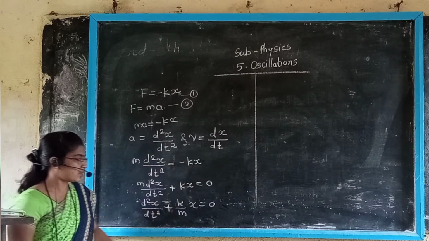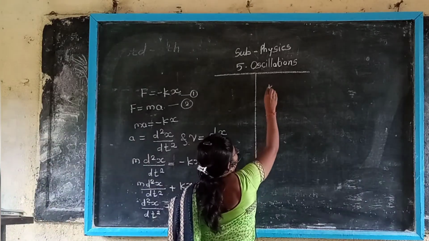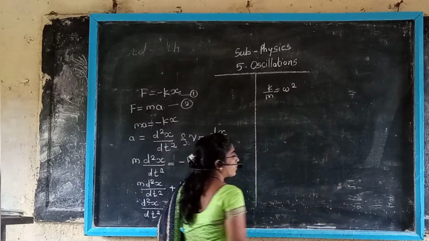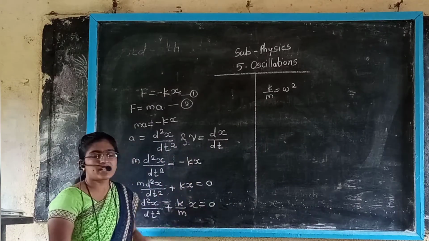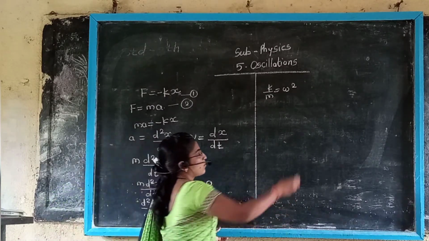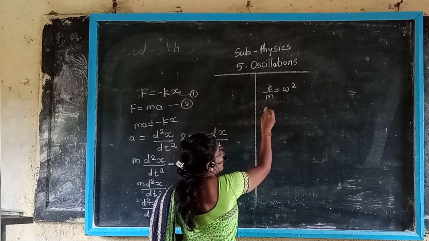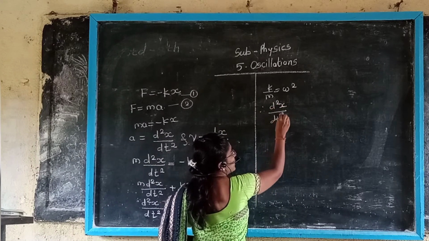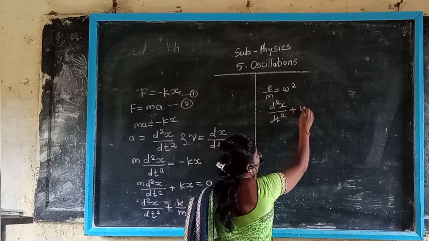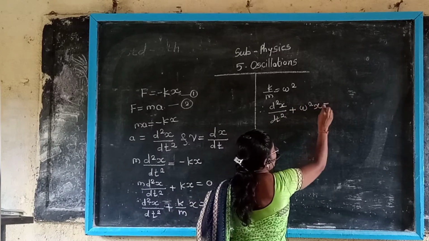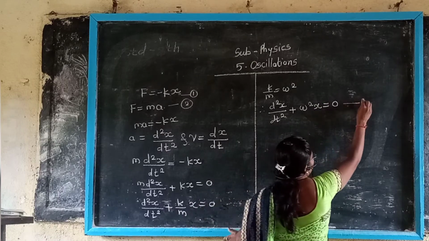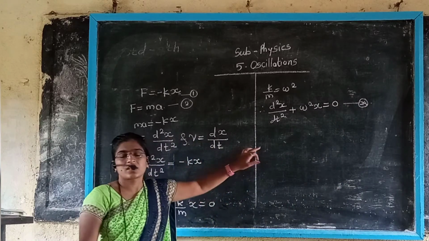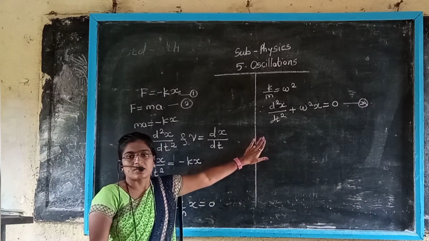In this equation, substitute k by m is equal to omega square, where omega is the angular frequency of linear SHM. Therefore, we get the equation d2x by dt square plus omega square x is equal to 0. This is the differential equation of linear SHM.